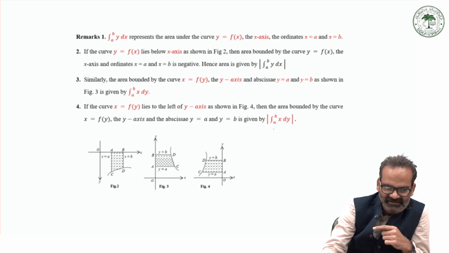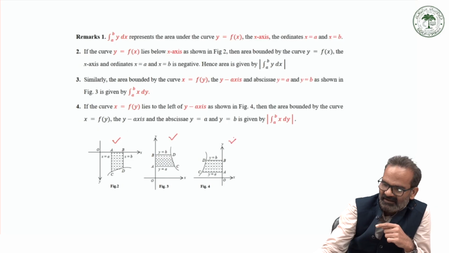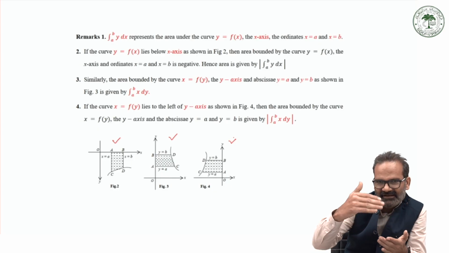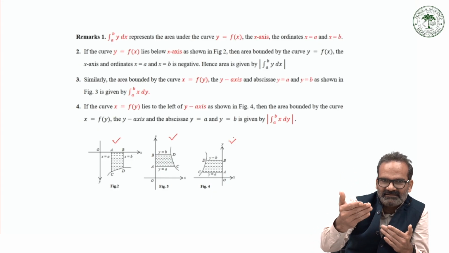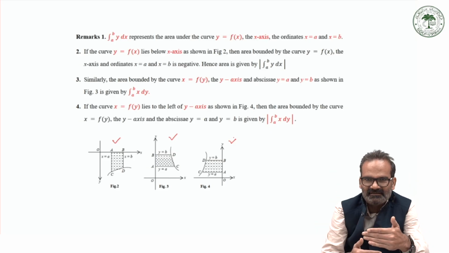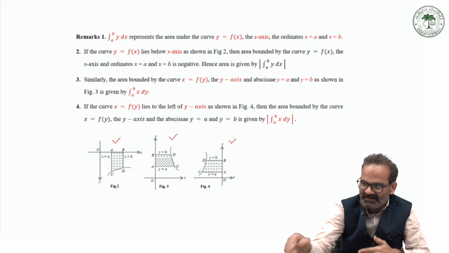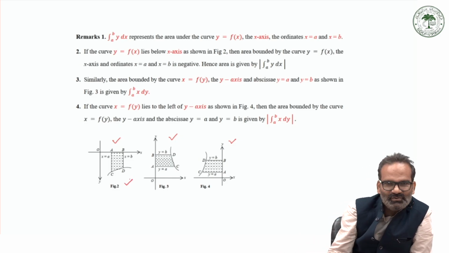Look at these three figures here, figure 1, figure 2, and figure 3. In figure 1, the shaded figure lies above the x-axis. If you revert it, meaning the same curve and the same figure lies below the axis, it looks like this. See, this is case 2.